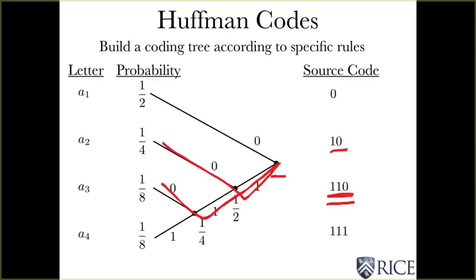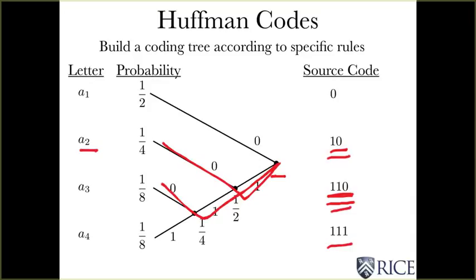Now, because of the structure of this tree, and because it is a unique path through this tree to the letter, that means no code word begins any other, because it's just a representation of the path through this tree.